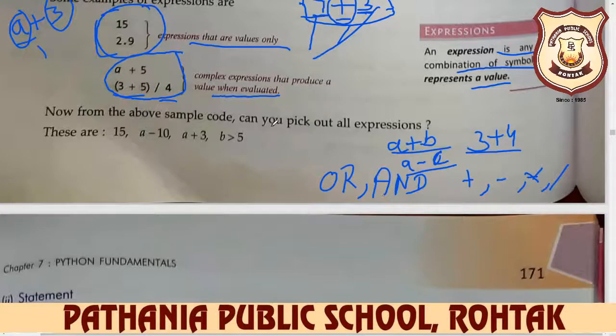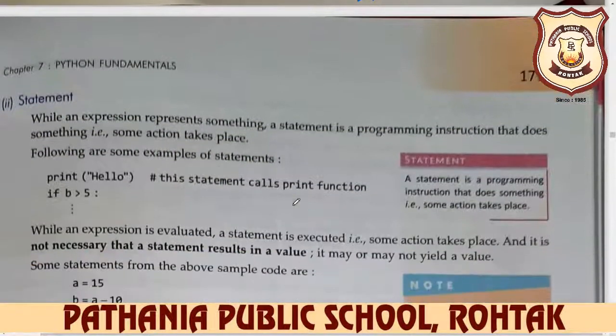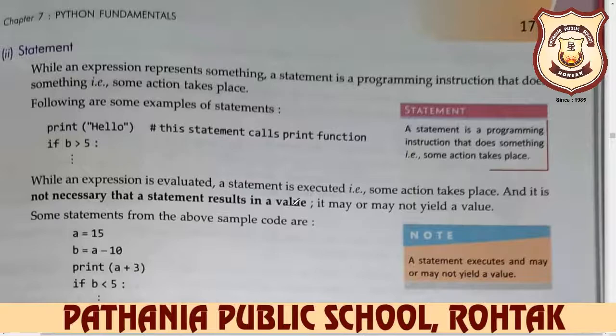The second is your statements. While an expression represents something, a statement is a programming instruction that does something, that is, some action takes place. Following are some examples of statements: print welcome to computer lab, print hello, print your name, for example print Ankit Sharma.